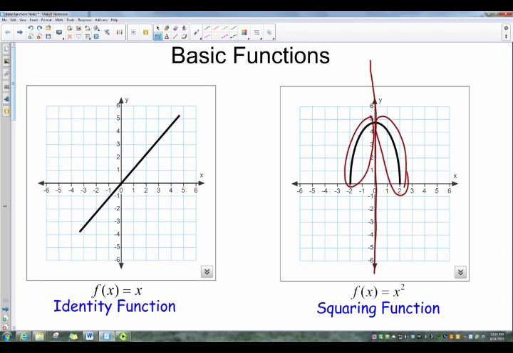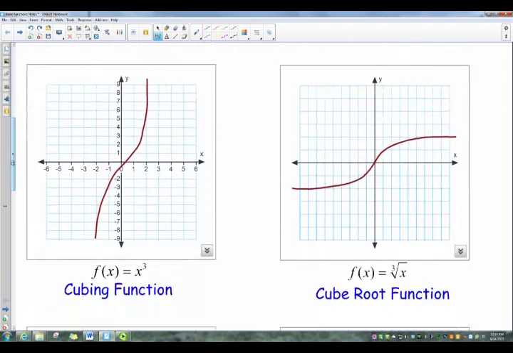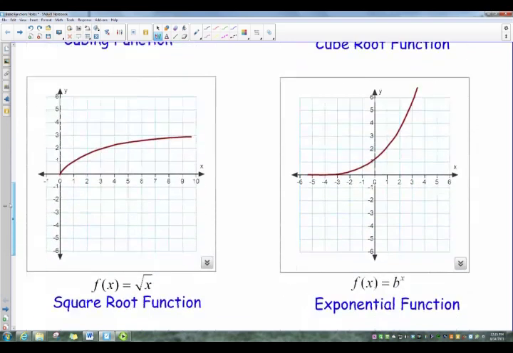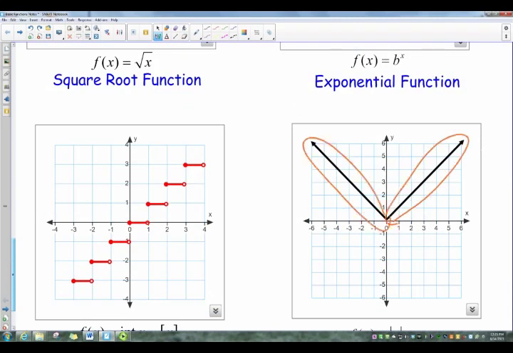So let's go through our functions that we've got here and see if we can find any. Now, if you look at the cubing function, it's not even because this half here is not reflected on that side. Okay, so that one's not even. If you go down and look at your absolute value, how about that one? Well, this half and this half are the exact same. Okay, so that point and that point are essentially just equal distance across. That's considered even.